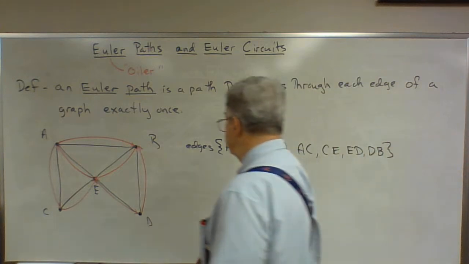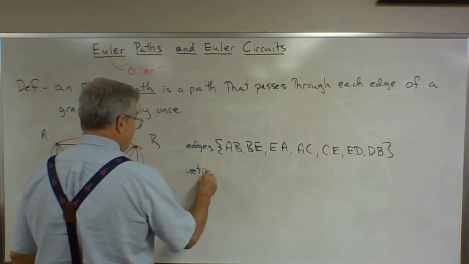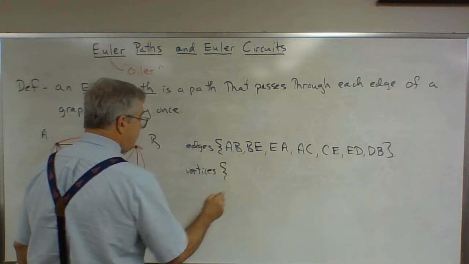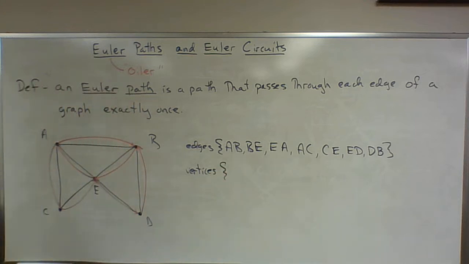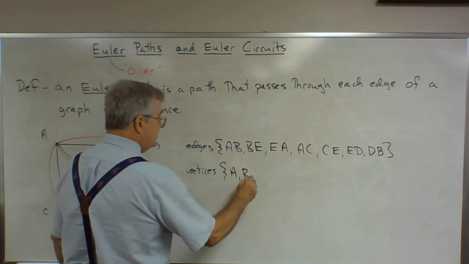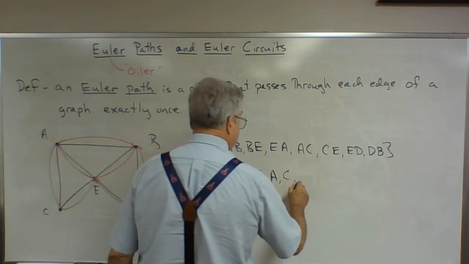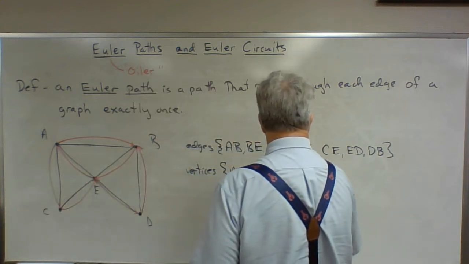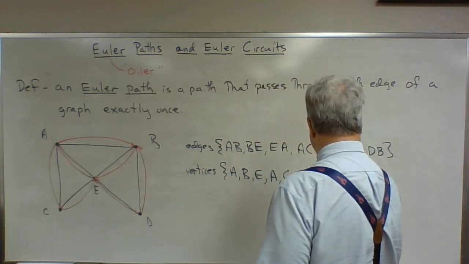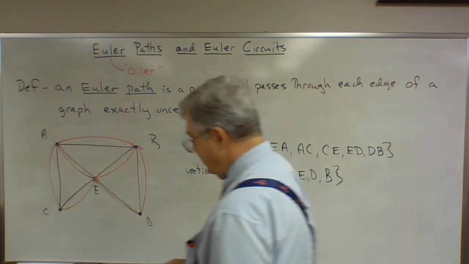Now, in the back of the book, they may have given the vertices in order of appearance. They may define the path that way, in which case the vertices are A, B, E, A, C, E, D, and B. Let's see if that's right.